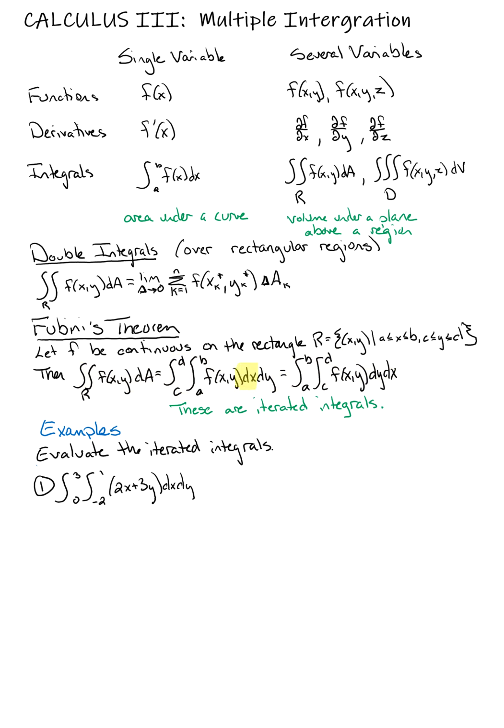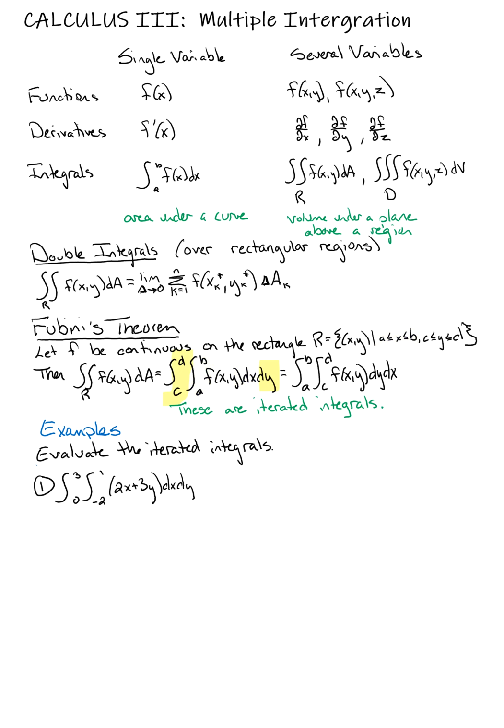Notice that the inside integral has to match up. So we're integrating with respect to x on the inside in this first integral, and of course x goes from a to b. The outside is the y, which goes from c to d.